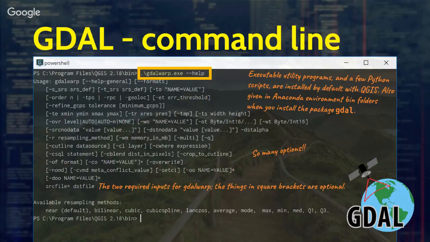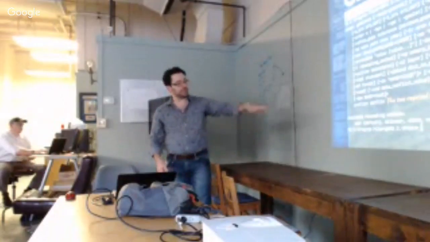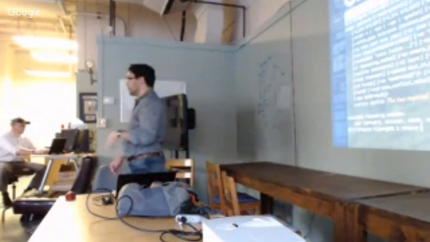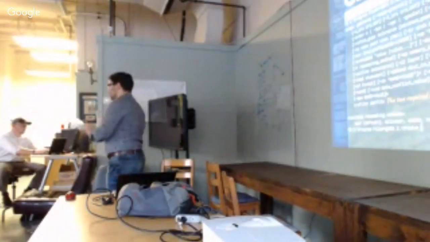These are programs that don't have GUIs. No window pops up for you to see anything. They're just ready to do stuff based on what you tell them on the command line. So, for example, here I've asked gdalwarp to show me its help message, and it just plops out all this stuff, which is a bunch of things that I could ask it to do.